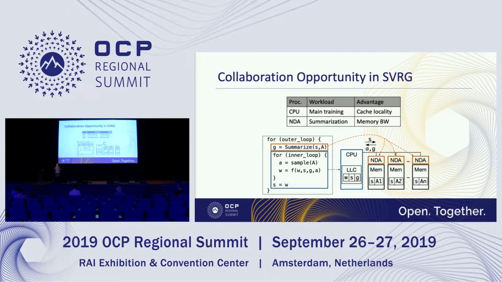Since it's sampling, there is some variance introduced by the sampling approach. So what SVRG does is periodically do a summarization step and then come up with a correction term. This correction term will be used for the main training steps, and it helps reduce the variance.